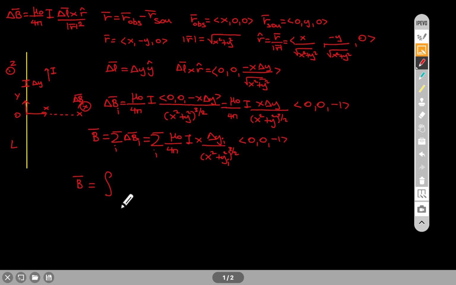will be the integral. Now I'm integrating, and y is my variable of integration. Because I have placed the 0 here, y will go from minus L over 2 to y equals L over 2, and of course I have the constant.